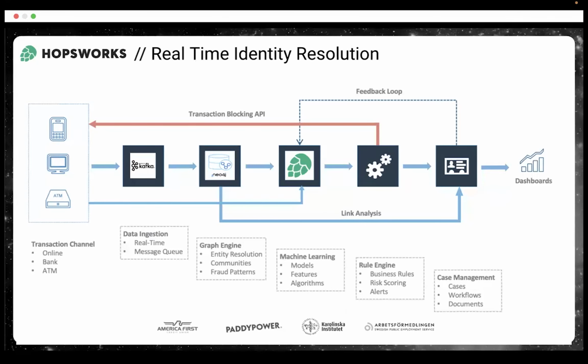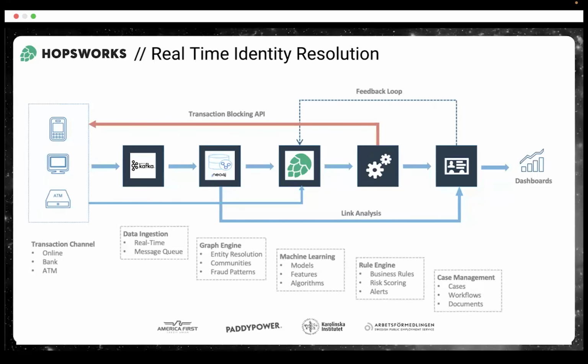So if you want to do something in real time when it comes to identity resolution, let's say you are trying to onboard a customer and the customer is applying for a loan. You want to make sure this customer does not exist in your system while you're onboarding them as a fresh customer, right? And if the customer already exists, you want to link it to the existing customer, so you have fewer problems down the line in the various capabilities you're building around customer analytics.